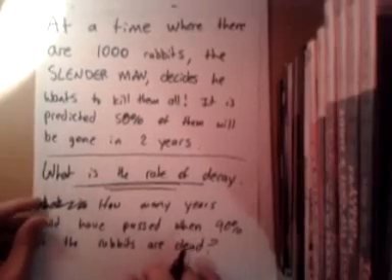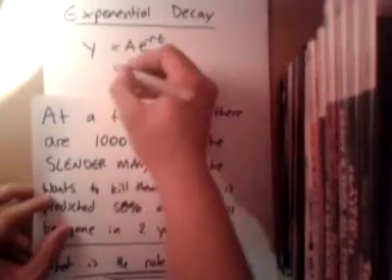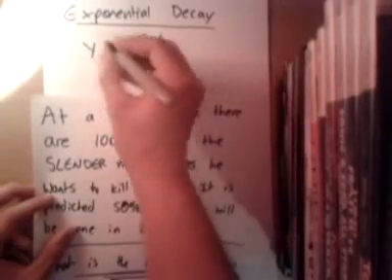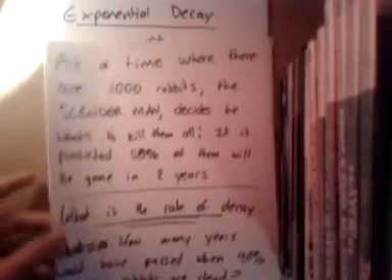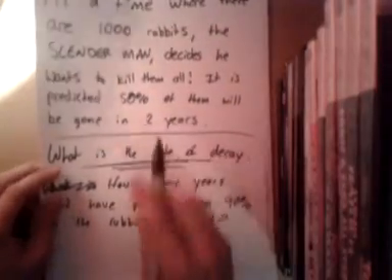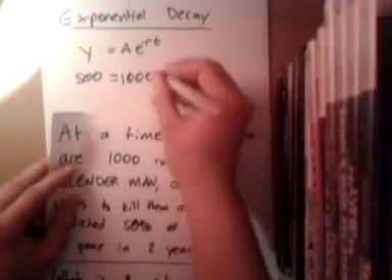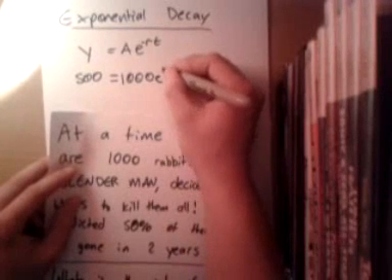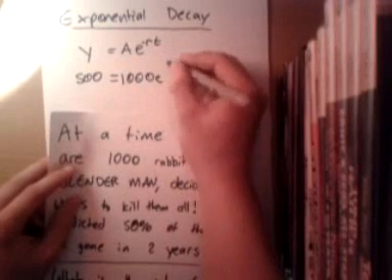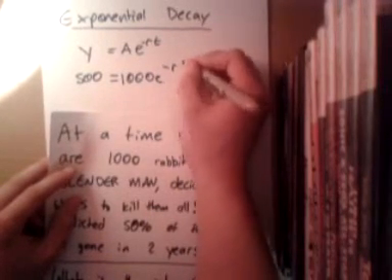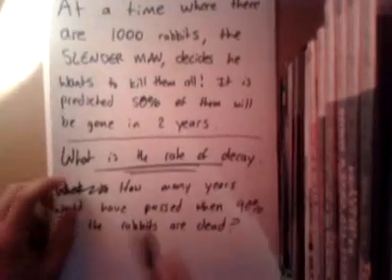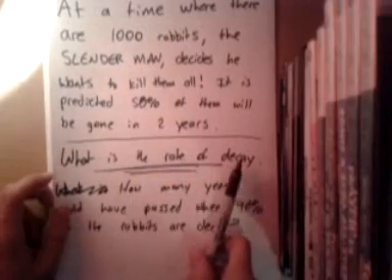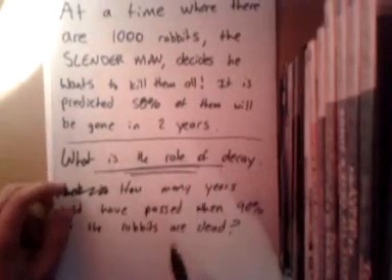It's predicted that 50% of our initial, so our population of 500, will be gone in 2 years, so that's our time. We don't have a rate. So, we want to know what is the rate of decay to start off with.